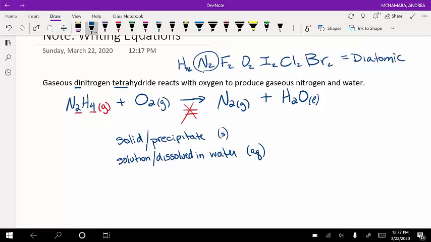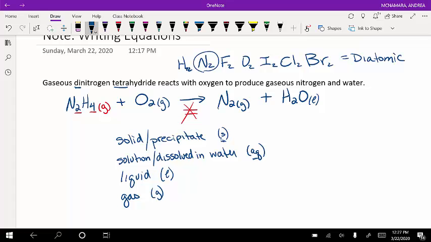An aqueous solution or something that says it's dissolved in water is going to have the aqueous. So those are the two you just have to watch out for, and the other two are standard. Liquid is L, and gas is G, right? So if it's a solid or a precipitate, it should have an S. If it says it's a solution or it says it's dissolved in water, that's the AQ.